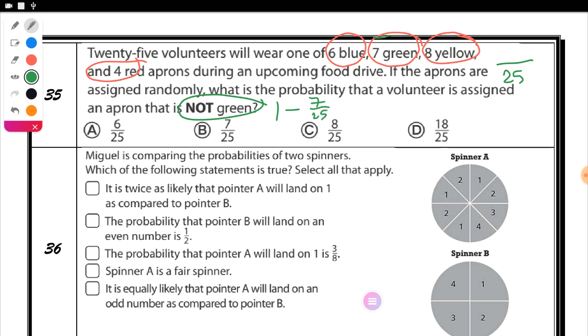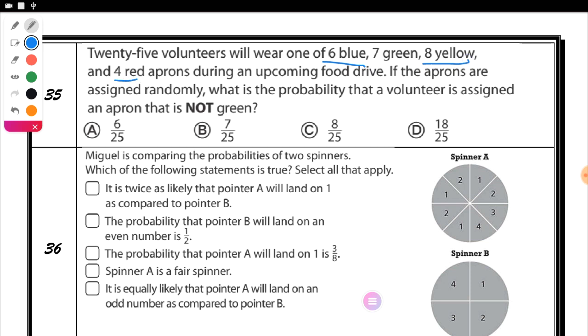As we said before, it's part over whole. 1 minus 7 over 25, we can consider 1 as 25 over 25 minus 7 over 25, so it's equal 18 over 25, which is D. So the answer is D. Another way to solve this problem is: not green means it may be blue or yellow or red.